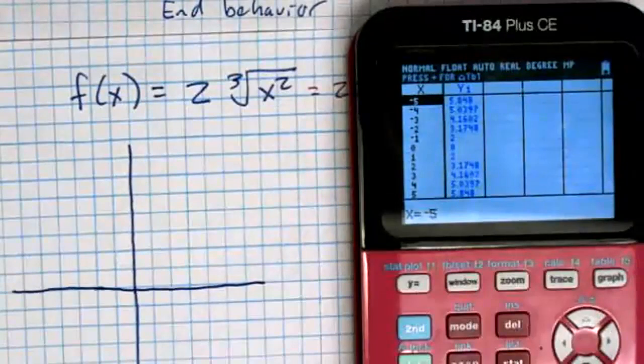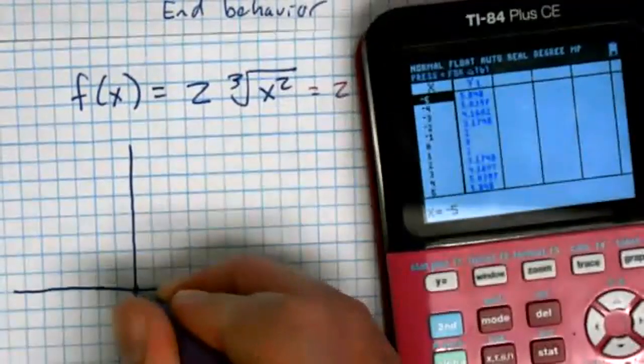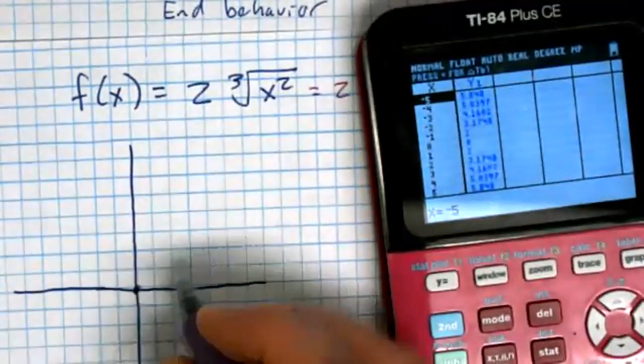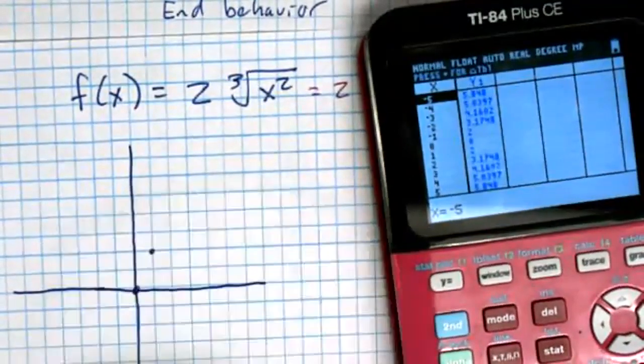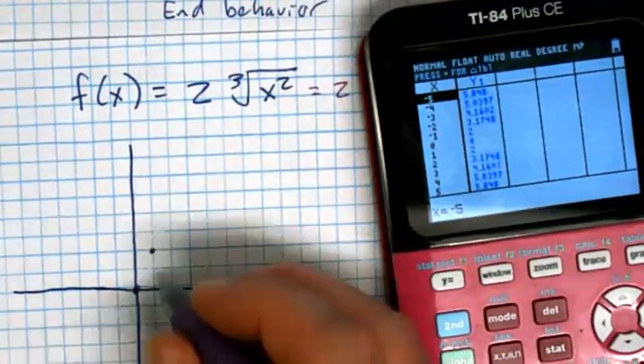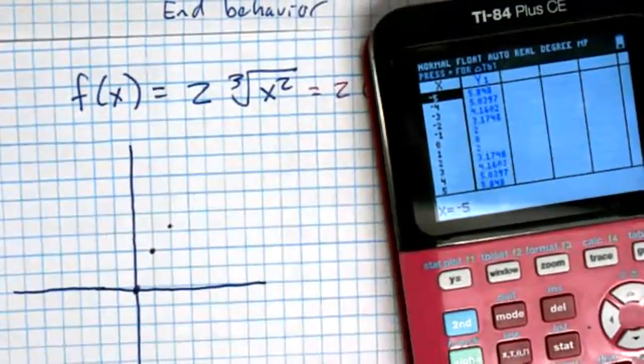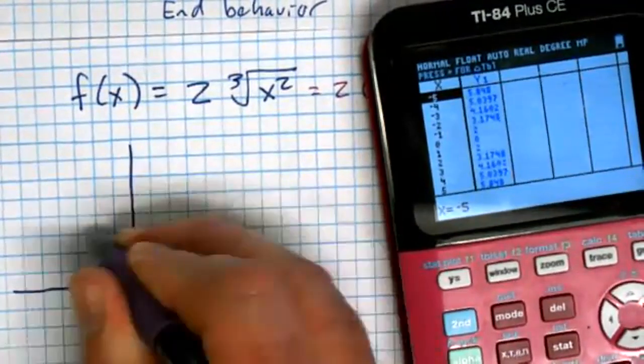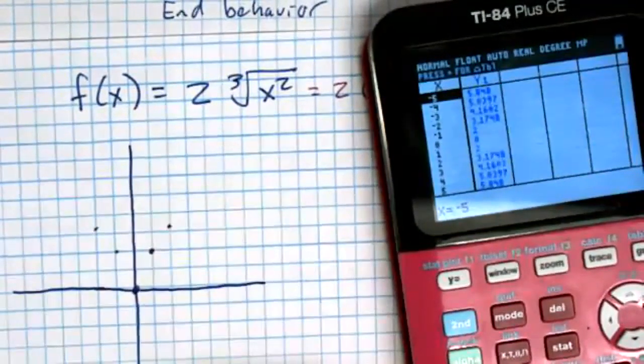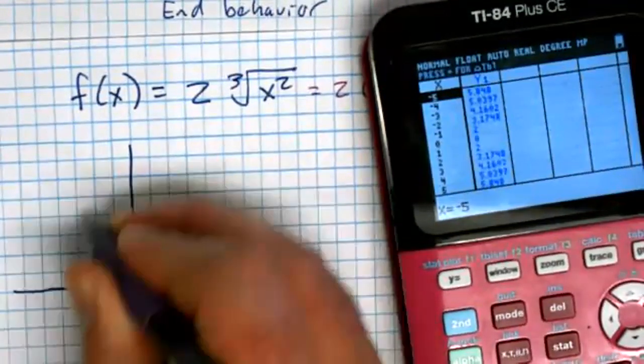Eyeball them anyways. 0, 0. That's predictable. 1, 2. 2, 3.2. They're kind of getting reflected over. 3, 4-ish, over 4. That's good.